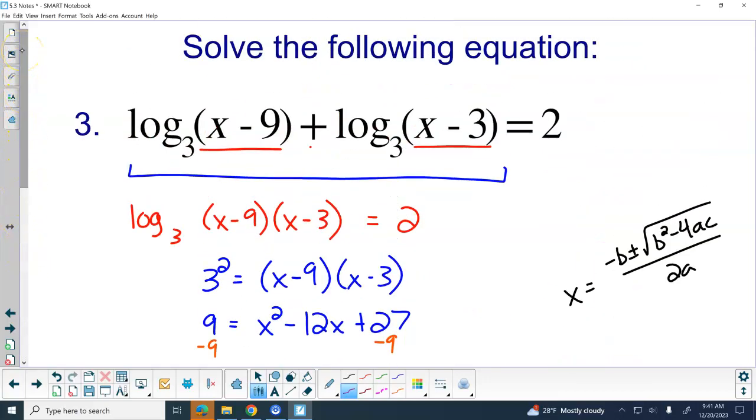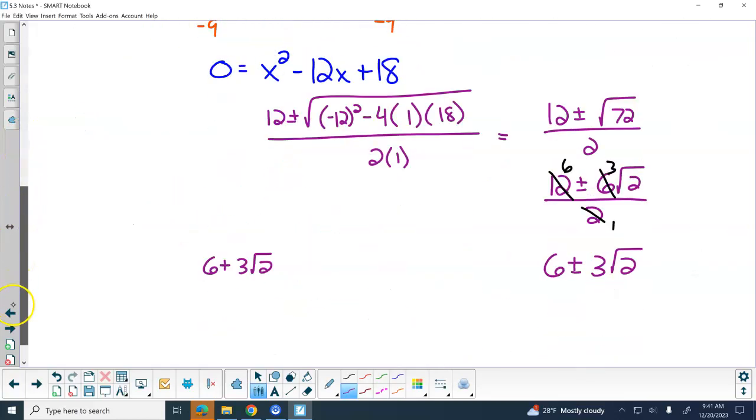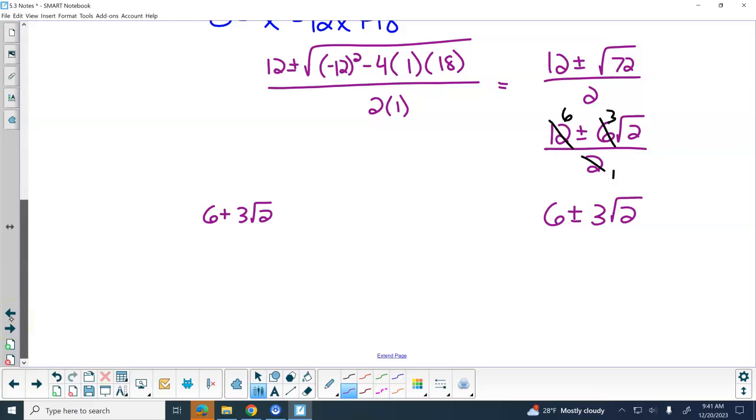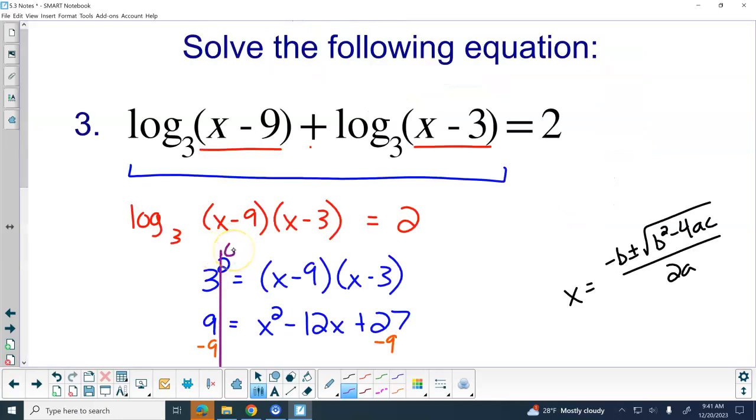Now, this is the one that I'm worried about, right? Because it's the biggest subtraction, right? So what is 6 plus 3 square roots of 2 in a decimal approximation? What you got? 10.24, you said?